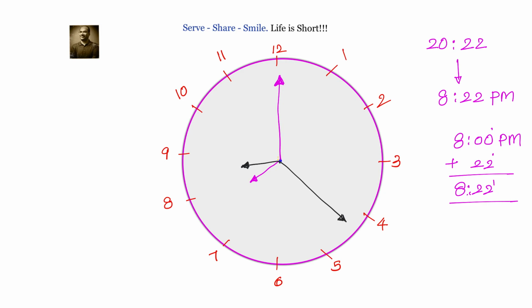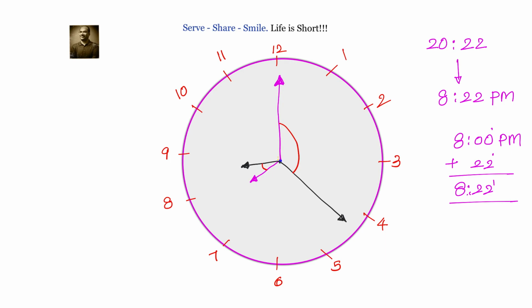Now we have to understand what this angle is and what this angle is. If we understand that, then we can pretty easily find the angle between the minute hand and the hour hand when the time is 8:22.